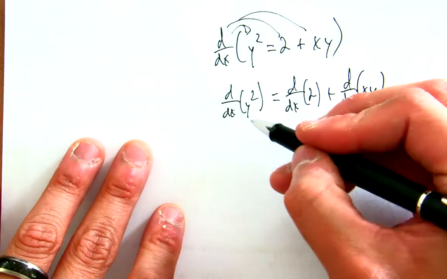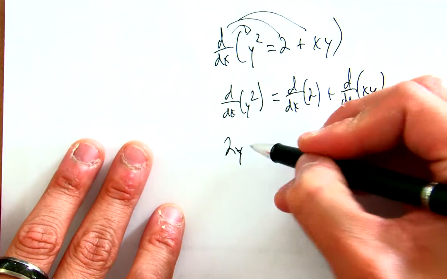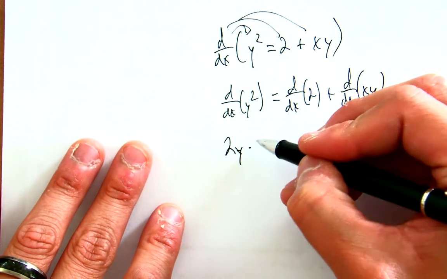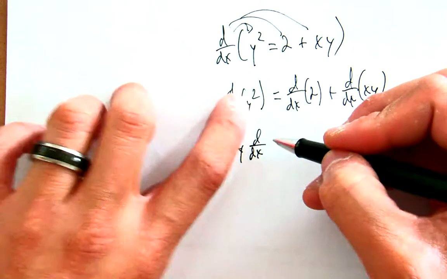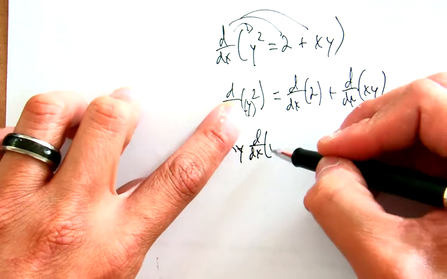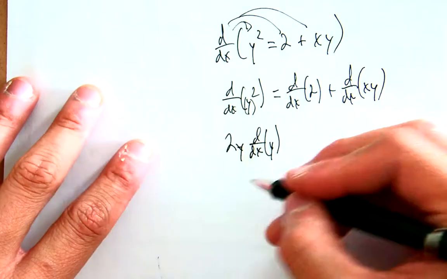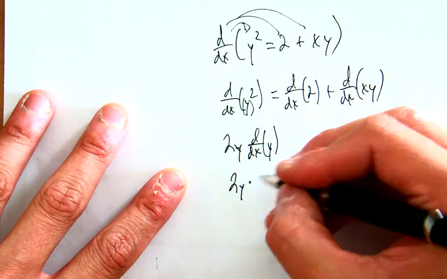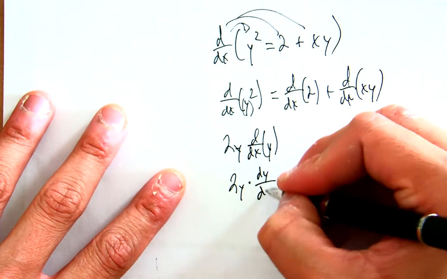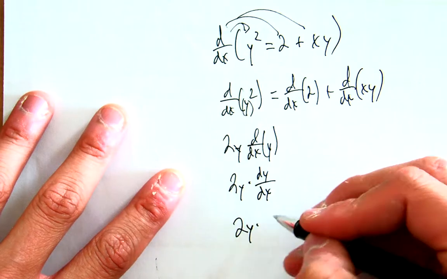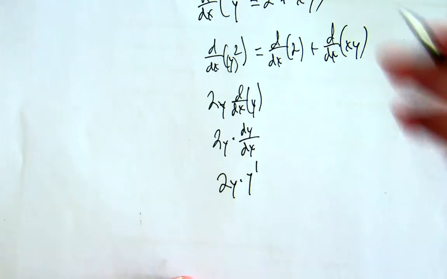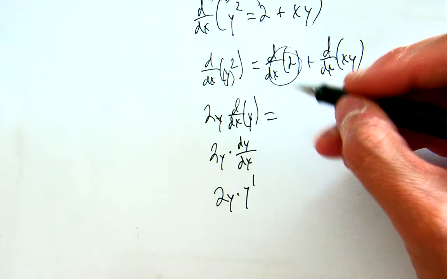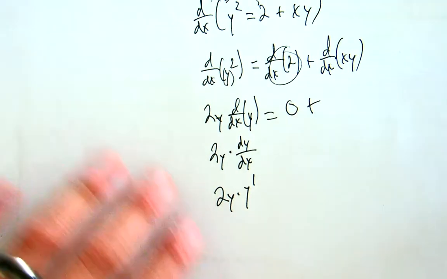The derivative of y squared is 2y times d/dx of what? The inside function is y. It's 2y times dy/dx, or we called it y prime, right? That's dy/dx, but we like to call it y prime because it's a little easier to look at. Equals the derivative of a constant, which is 0, plus this here.